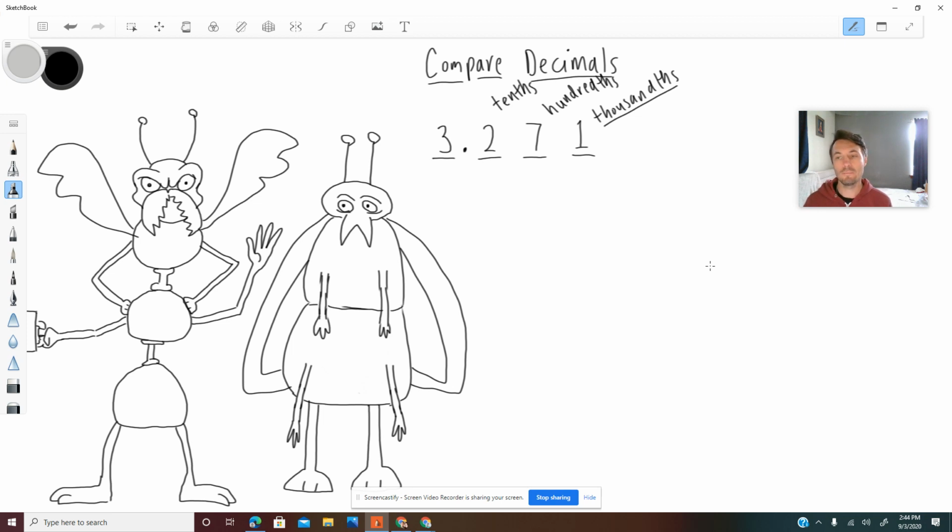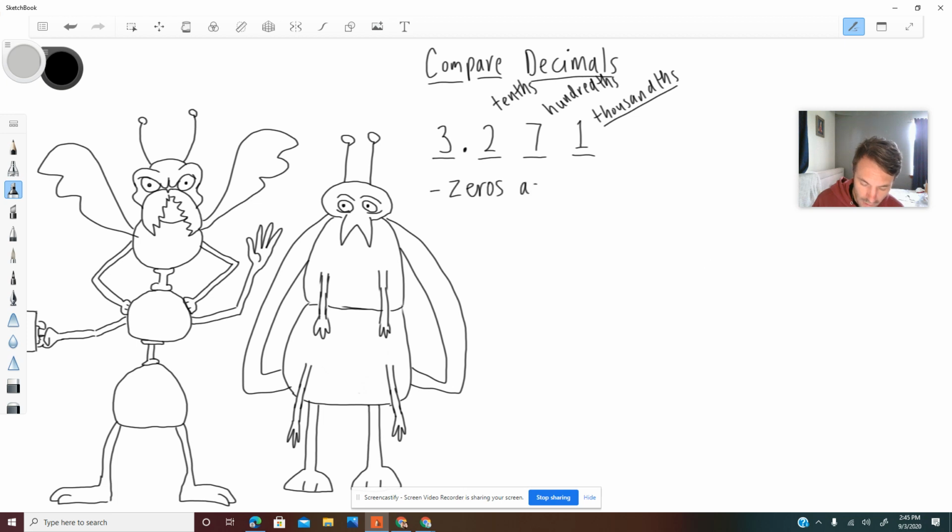And one really important thing that you need to know when you're comparing decimals, and it'll become apparent why this is so important later, is that you can add zeros to the right of a decimal number and it does not change the value. Let's go ahead and take that down as a note.